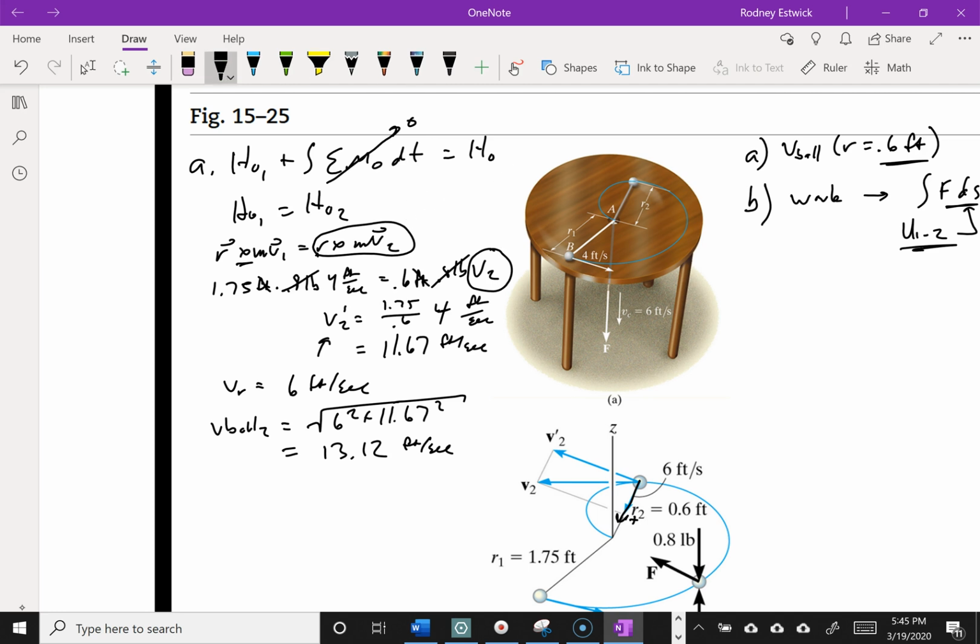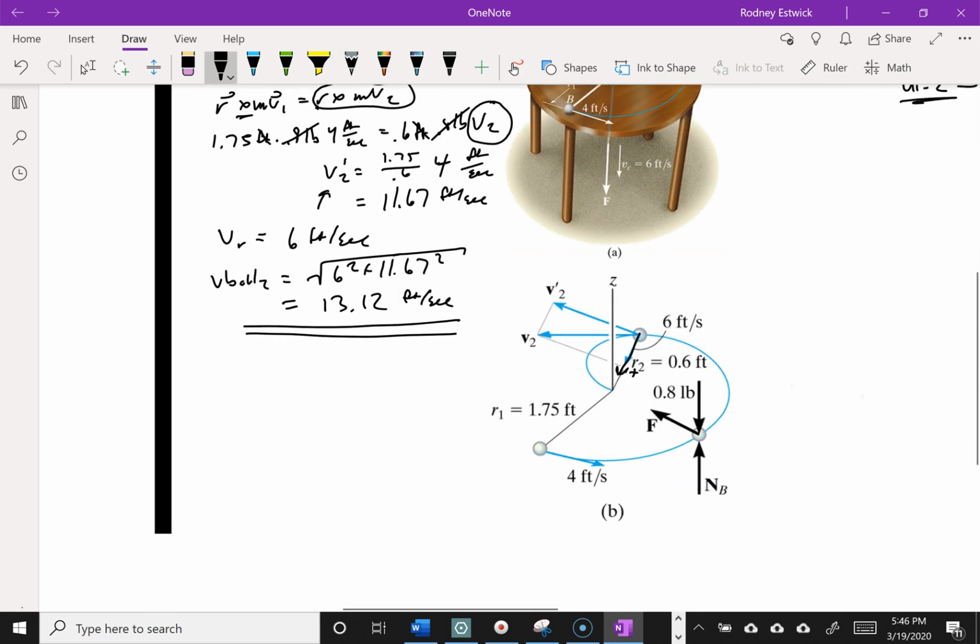What I actually did, to be clear, is I calculated R m v2 tangential, and then we used the radial here to get the full, complete picture. So keep that in mind. All right, so there's our answer for the velocity of the ball at 0.6 feet.